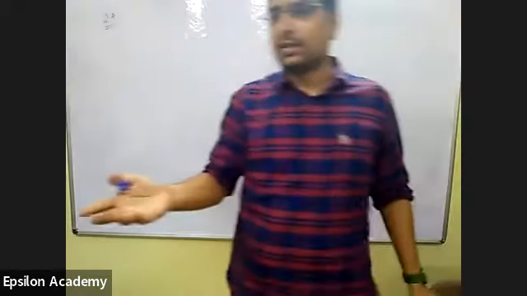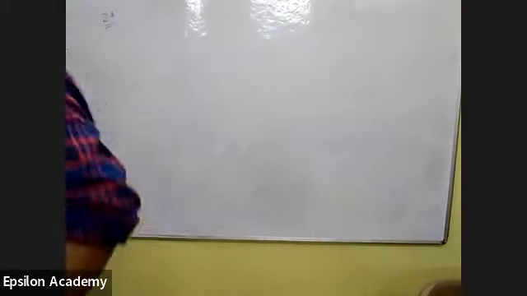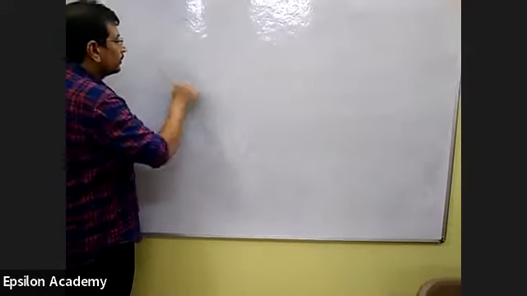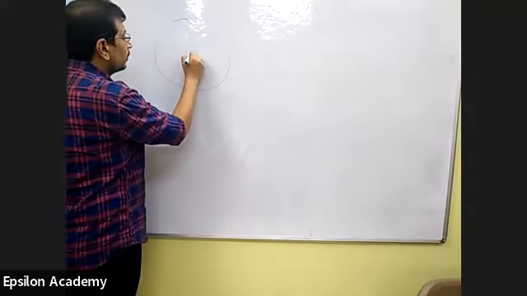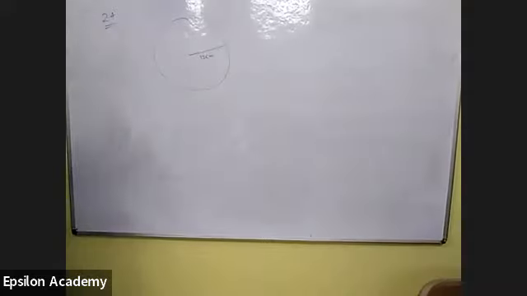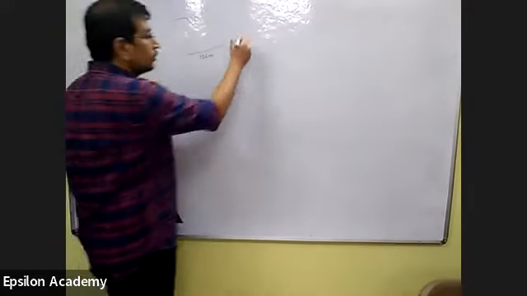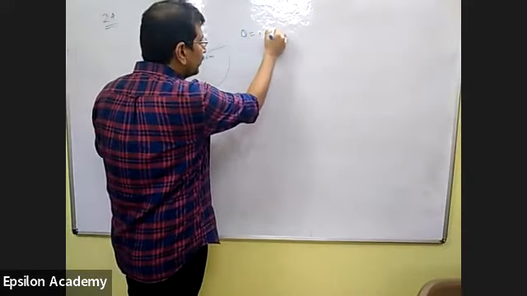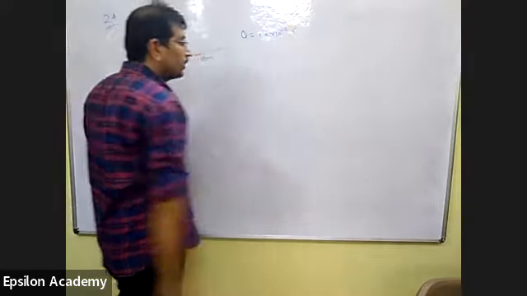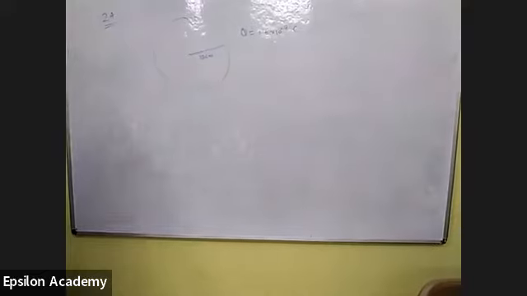A spherical conductor of radius 12 centimeter has a charge of 1.6 into 10 power minus 7 coulomb, distributed uniformly on its surface. What is the electric field inside the sphere?